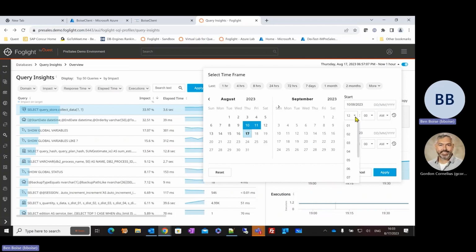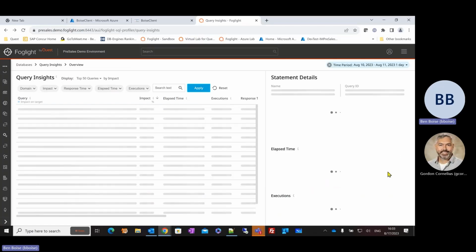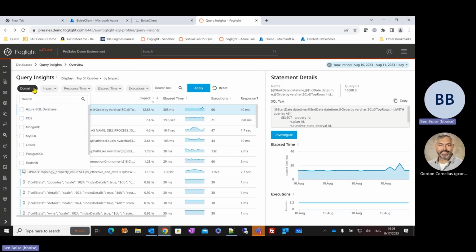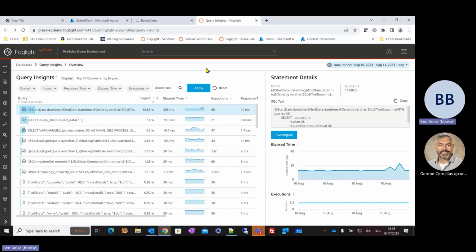And if I need to get even more granular, I could do that. Through some very simple menu selections, we can put ourselves into the time frame that's most important to our environment, and then look at which queries, regardless of the domain in this case, are having the greatest impact in the environment itself.